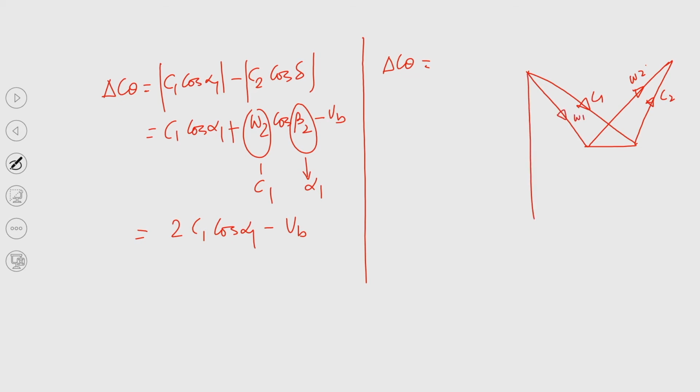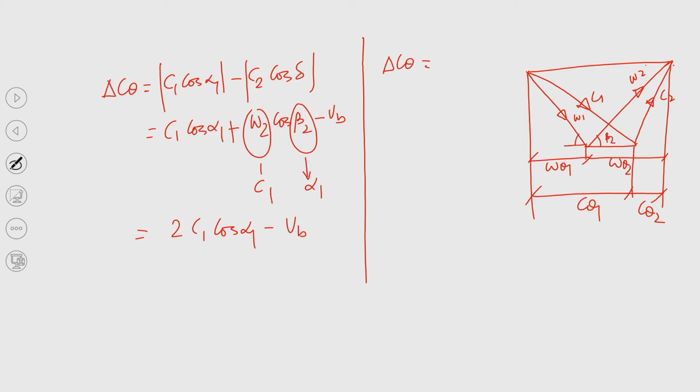So, now this is C theta 2. So, that is C theta 1, this is C theta 2. Okay. So, what is this? This is nothing but W theta 1 and this is W theta 2. So, you know this angle is beta 2 and this angle is beta 1. So, you can write this is nothing but W theta 1 plus W theta 2, right. From the geometry you can write.